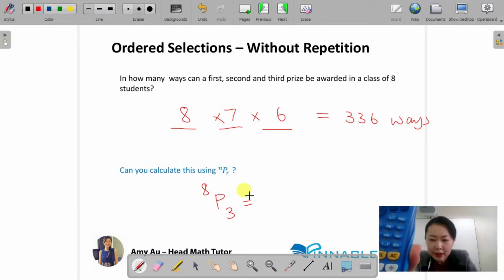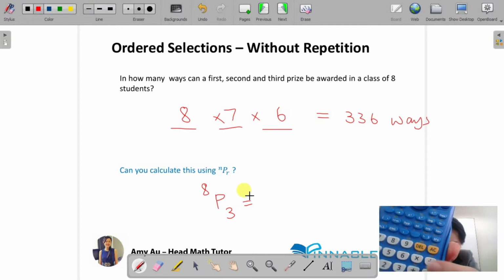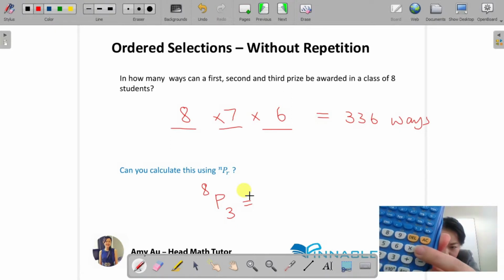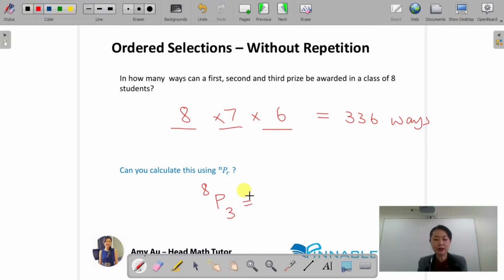So the little button I'm talking about, just trying to line that up. Yep. So you see the multiplication sign has nPr on it. So that's the button I have. You might have something else depending on your calculator. So anyways, put that into the calculator. It should come out the same thing, 336.